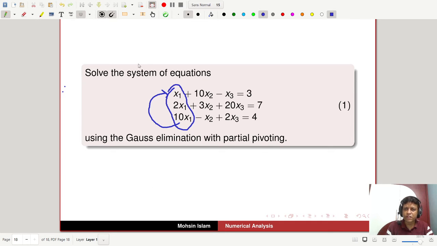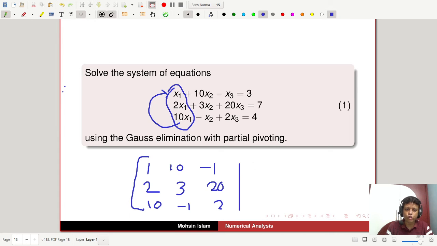Let me write, you just note down the equation. 1 10 minus 1 2, 3 20 10 minus 1 2, and the augmented portion 3 7 4. This is the augmented matrix, right?